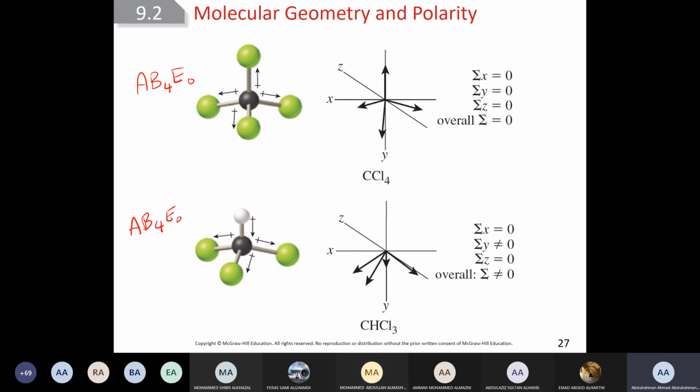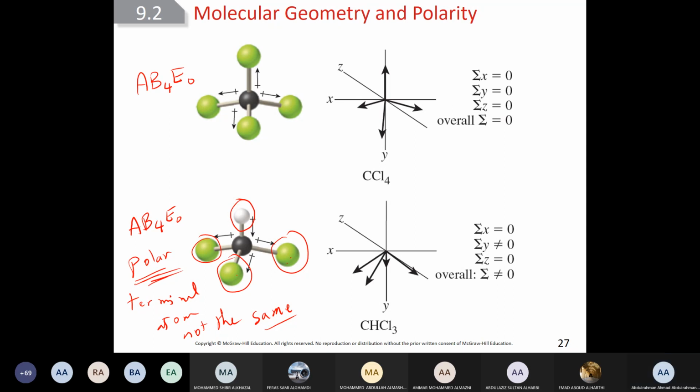Polar. Why? Because the terminal atoms are not the same. The white is different from the green atoms. So the terminal atoms are not the same. That's why it is polar.